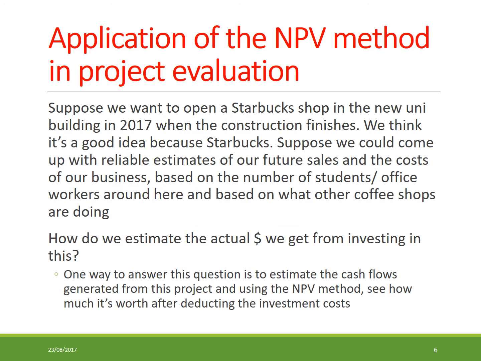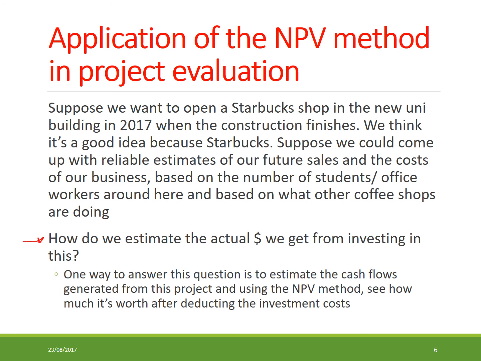So for example, suppose that we were in 2006 and we wanted to open a Starbucks shop in the new university, which is the new space, when the construction finished. Suppose we could come up with reliable estimates for our future sales and the cost of our business based on the number of students or workers around here and based on what other coffee shops are doing.